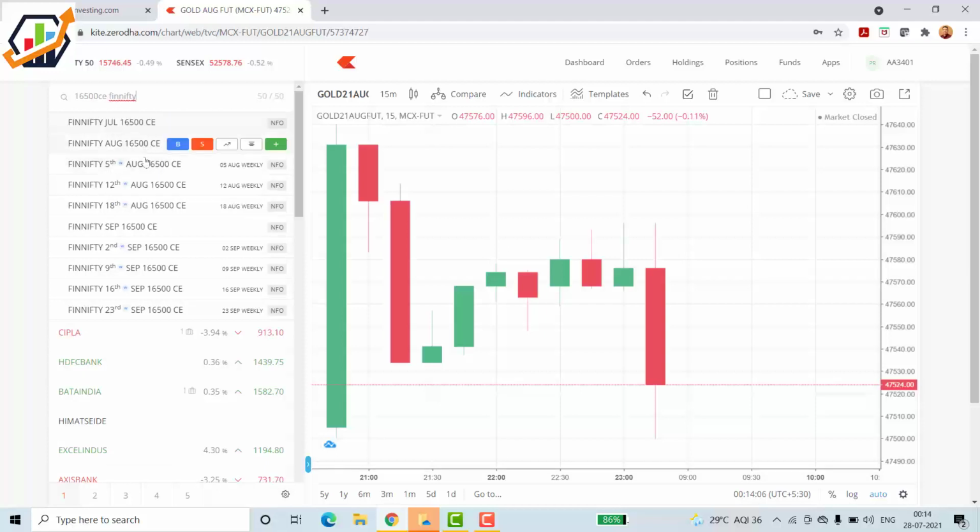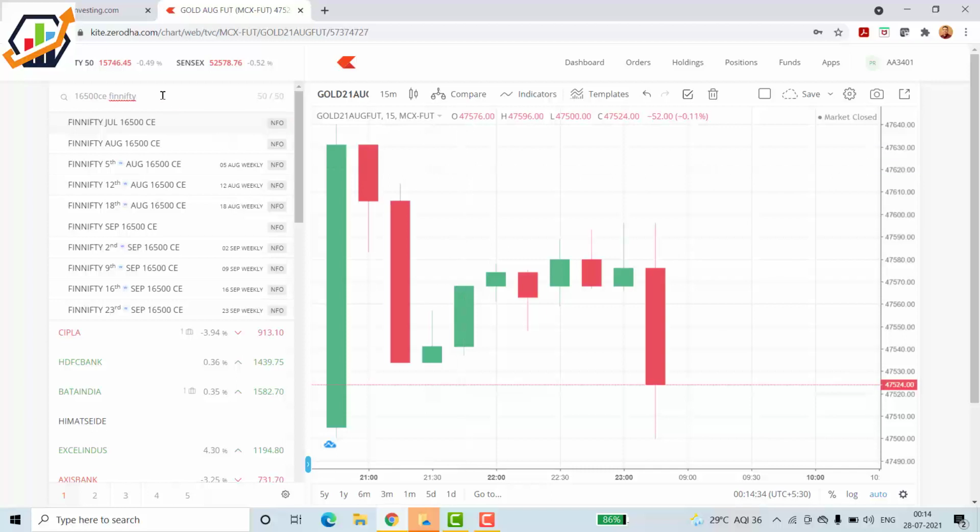Again, this is the weekly contract. The last week for the July contract will end on the last Thursday. So Thursday of the week, and you can buy a call of Fin Nifty the same way you would have bought a Nifty or a Bank Nifty. Right? You can see what the components of Fin Nifty are by going to the NSE site. So these were the indices which you can trade.